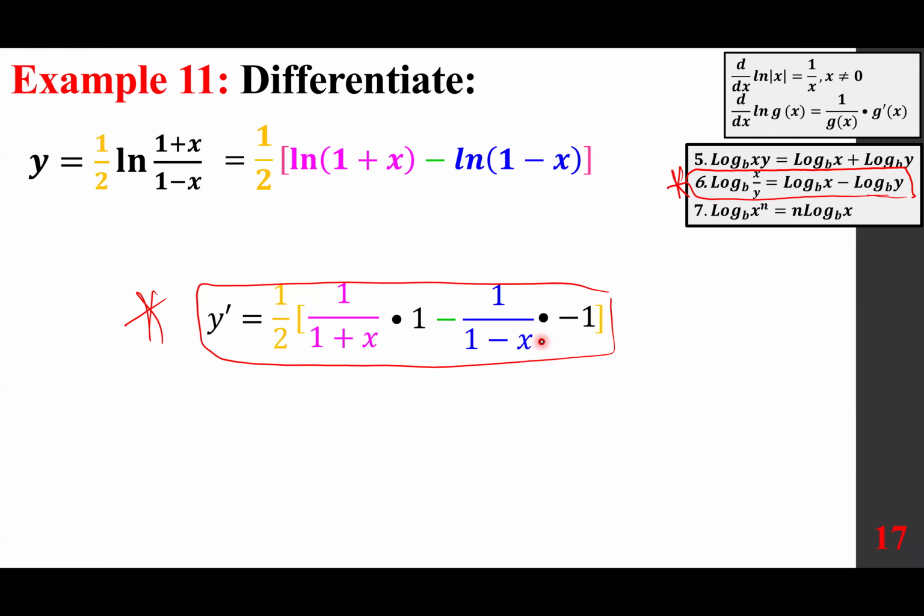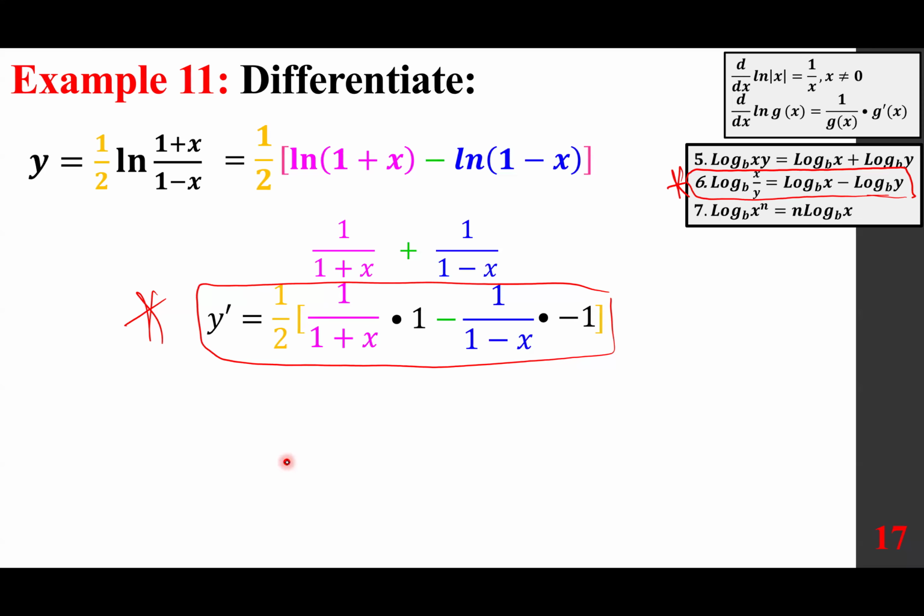Every other step is a basic algebraic step. So first and foremost, the 1/2 outside remains. Let's rewrite this as 1 over 1 plus x, because this has no bearing, 1 times 1. But this one, -1 times -1 makes it plus 1 over 1 minus x. So one more time. The first fraction is itself. The second fraction, negative and negative, results in plus 1. So you're adding these two fractions.